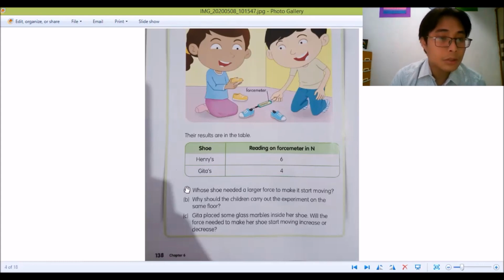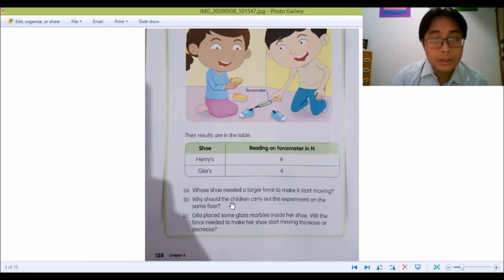So let's answer now the following questions. Whose shoe needed a larger force to make it start moving? Is it Henry's or Gita's shoe? So obviously, the larger force that we need to make the object start to move is Henry's shoe.